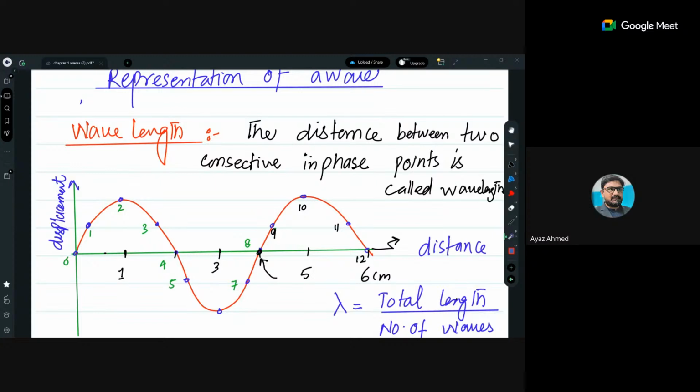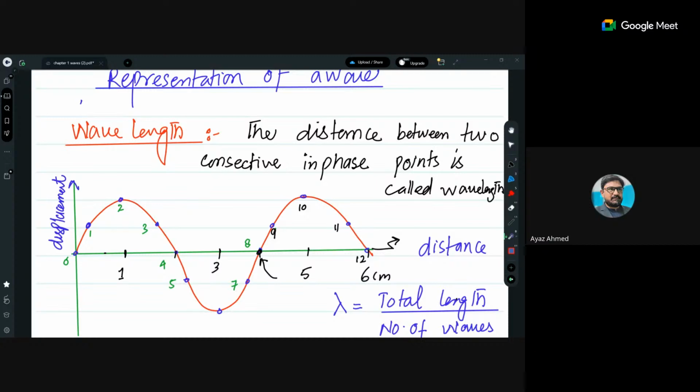So I can say that particle number 1 and particle number 9 are in phase points. So if I take the distance between these two particles, is it one wavelength or not? In the same way, particle number 2 and particle number 10 are in phase points. So their distance is also equal to wavelength.